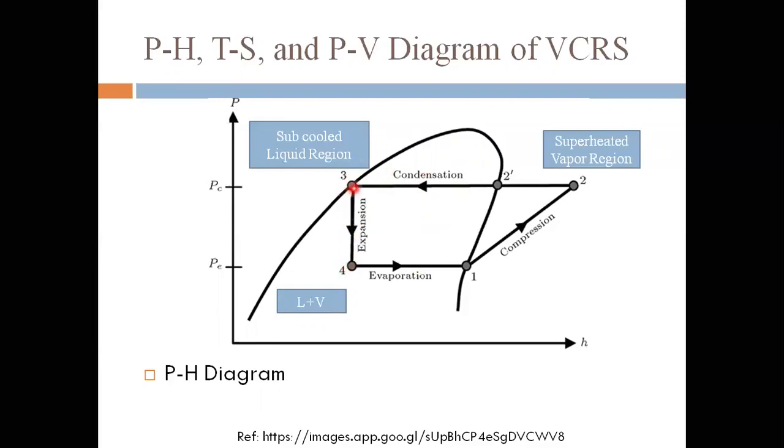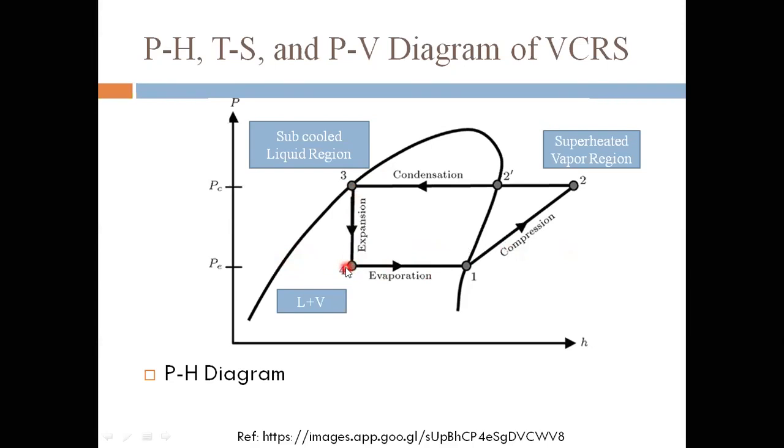As I already mentioned, during the expansion process some vapor is generated. So point 4 is in the liquid plus vapor region, but the majority portion is liquid. That's why point 4 is on the left side of the liquid plus vapor region, not on the right side, where we would have more vapor.